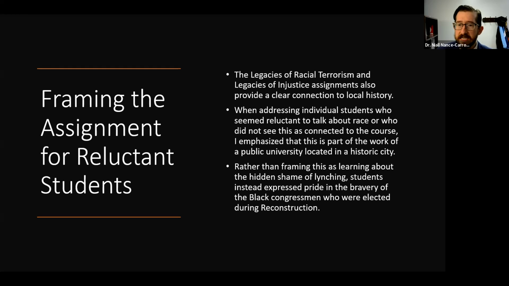That was about not this hidden shame of finding out, oh my God, our country lynched so many people, which is a terrible thing to learn about. But instead, when people were being murdered around them, these people didn't hide, they ran for office. Even when they were having to flee, personally flee being murdered, they were still campaigning. I mean, that's a story of hope. That's a story of bravery. And that's something that several of the students really enjoyed.